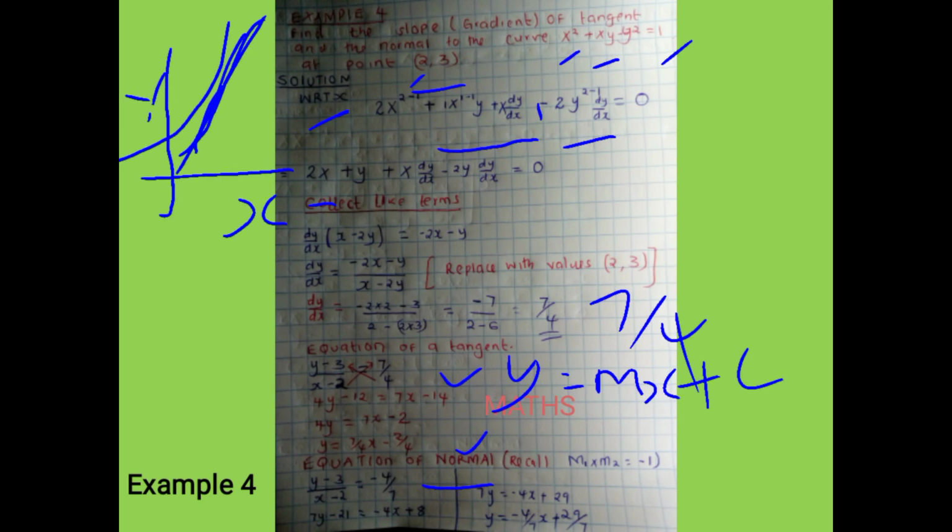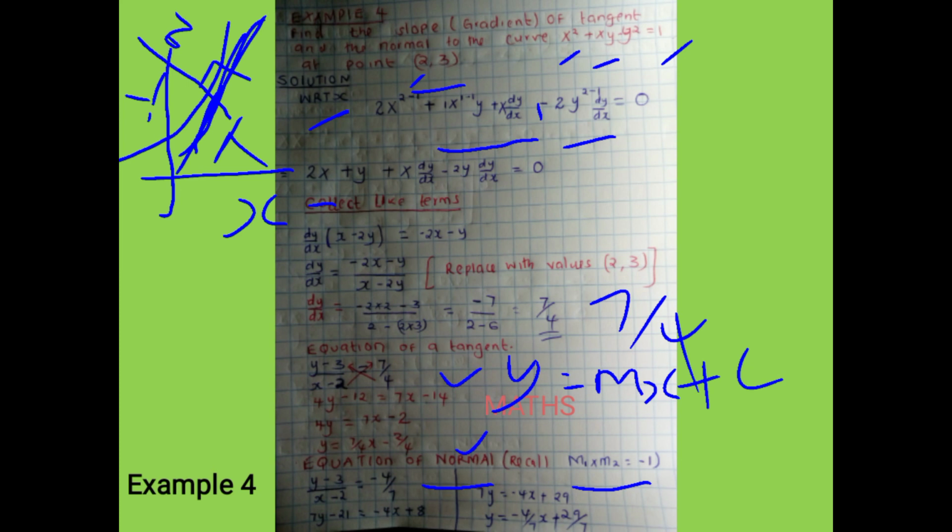This is the tangent of a curve, and the normal of a curve acts perpendicularly to it. This one is normal, and this one is tangent. It acts perpendicular, so you use the equation of a perpendicular, that is m1 m2 is equal to negative 1. So gradient 1 times gradient 2 is equal to negative 1.